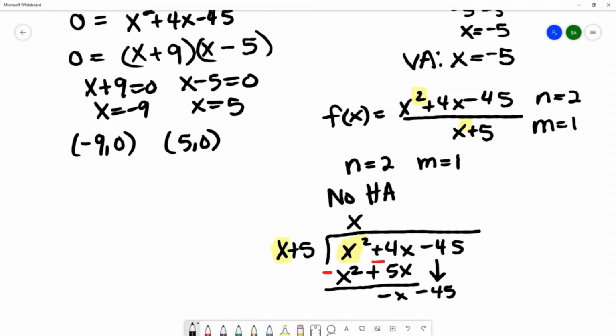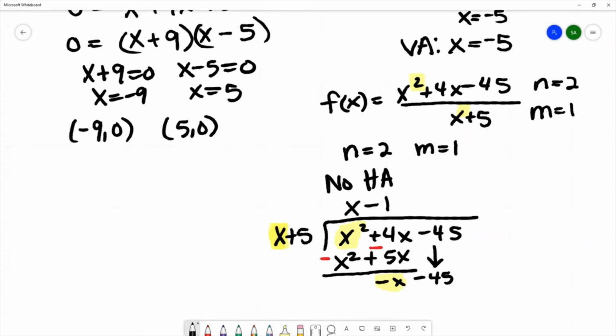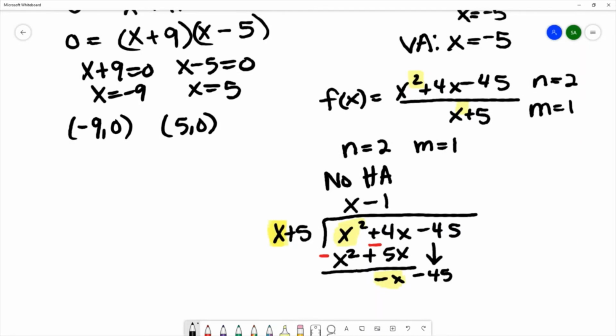Then you repeat that process over again. Now you're trying to match this x with this -x here. So you would need to multiply by -1 to do that. -1 times x is -x. -1 times 5 is -5. Then you want to change the signs to subtract.